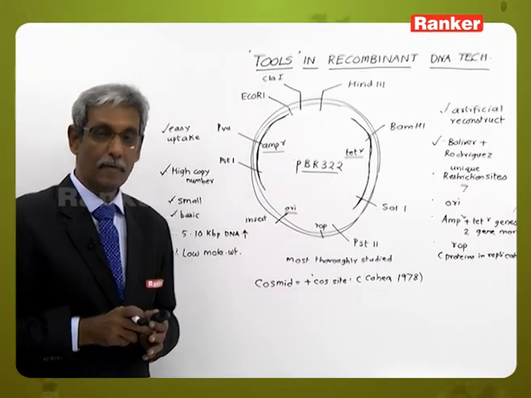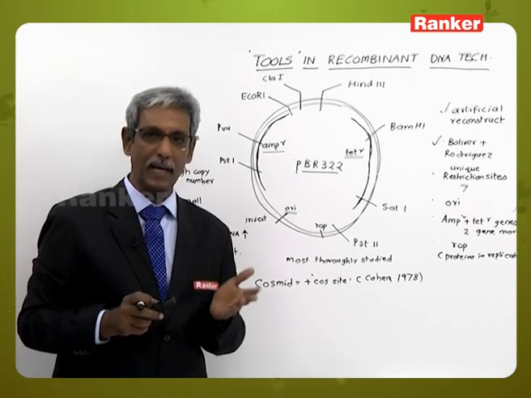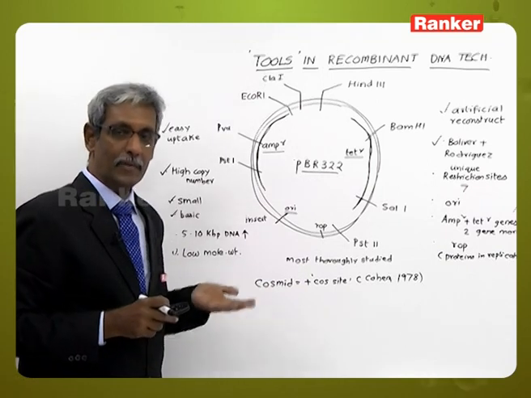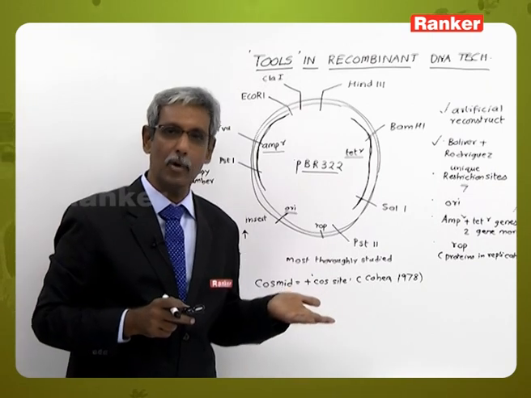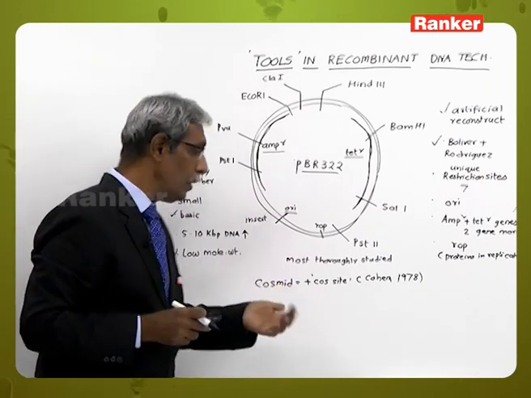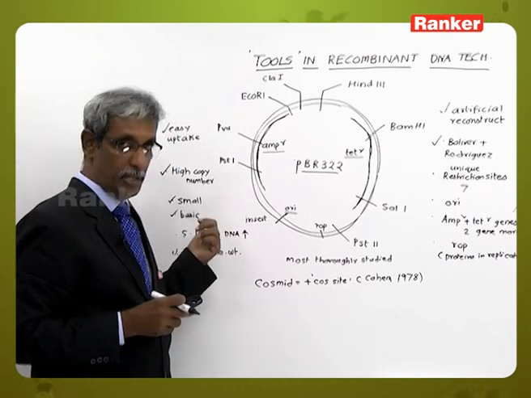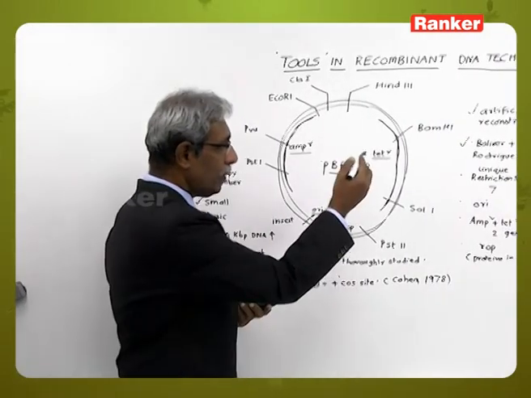It is like a fast shuttle, a vector which moves from one bacteria to another, and it has a low molecular weight. Imagine if it had a very high molecular weight, it would take a lot of time to travel from one bacteria to another. So, it is a low molecular weight plasmid which can take in your foreign gene of interest, and it is the most thoroughly studied plasmid, by Bolivar and Rodriguez.